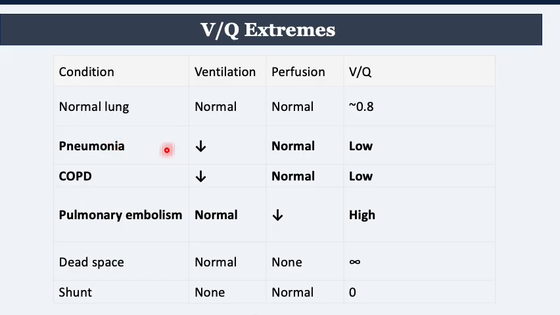The pneumonia and the COPD would be like number 1, the low VQ shunt-like state. So it's a low VQ mismatch. The PE is a high VQ mismatch. And the shunt down here, I think the most important thing to remember, the VQ calculation is 0. There's no ventilation.